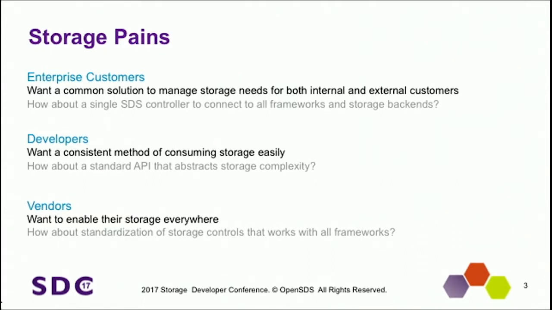They just want a simple way to access and consume storage, so they would love standard APIs that abstract all these complexities. Vendors want to enable their end users to use their storage system in an environment where many other storage systems already exist, and they want to make sure their system works with other vendors' solutions.